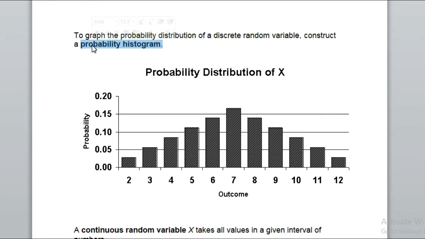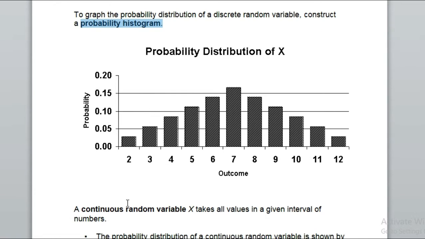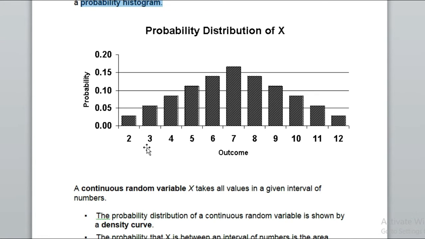The probability distribution of x is given in the probability histogram. On the x-axis we put the outcome, and on the y-axis we put the probability. This is not a diagram, this is a histogram.